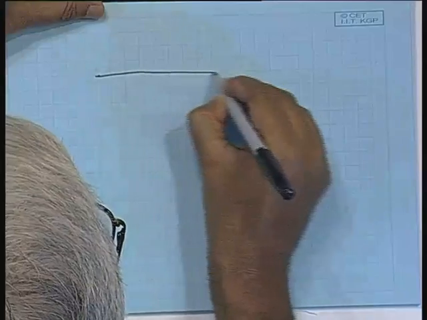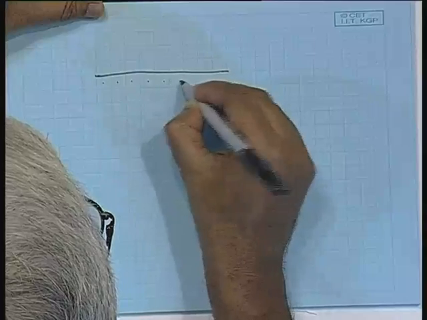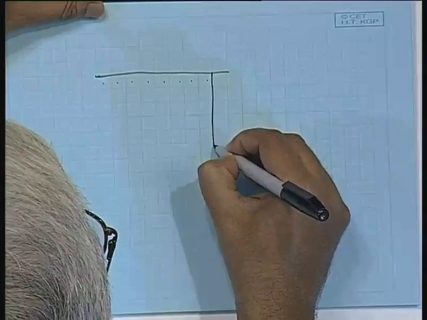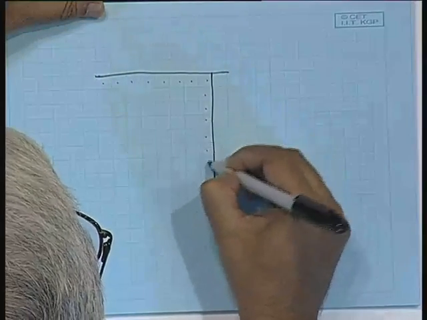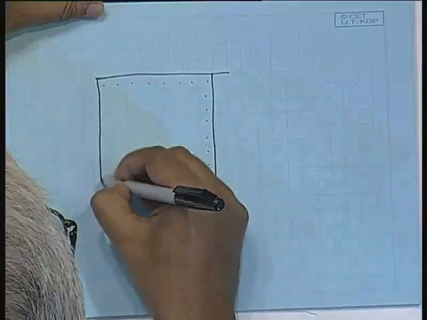So, in run level pairs, supposing we have an array like this, supposing this is an 8 by 8 array, 3, 4, 5, 6, 7, 8, and again here 4, 5, 6, 7, 8, 2, 3, 4, 5, 6, 7, 8.